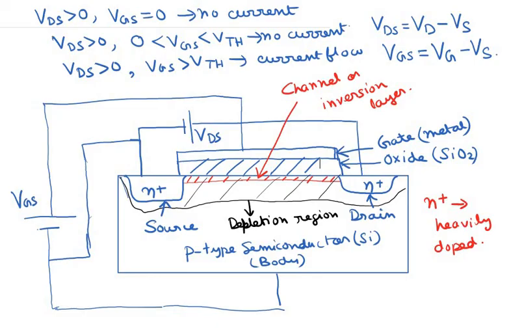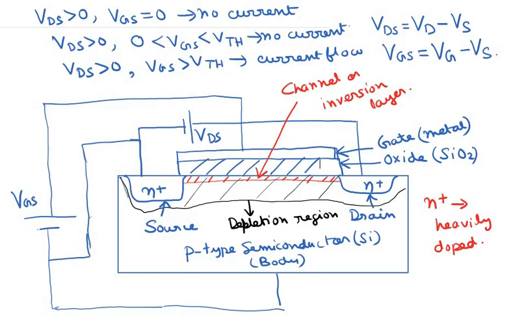A BJT demands some base current for its operation. In the case of the BJT, the current at the collector is higher than the base current by a factor beta, but still the BJT draws some current from its input signal source.